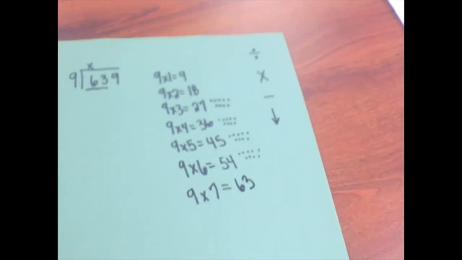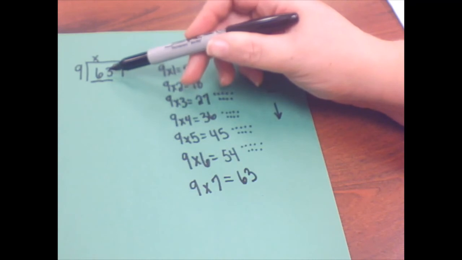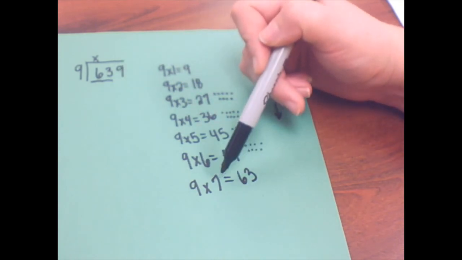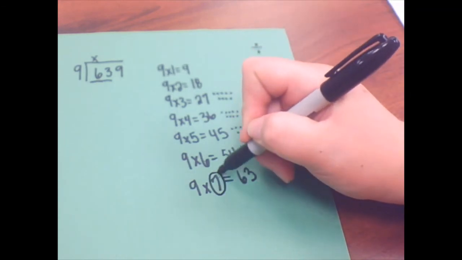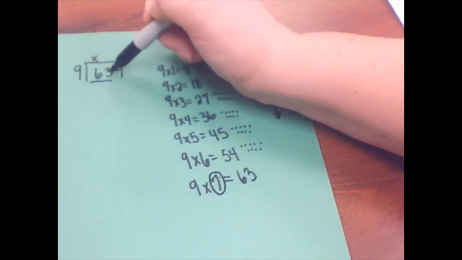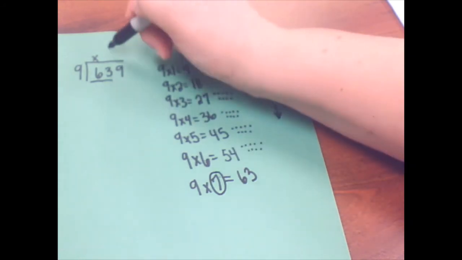So I needed to find a number that equaled 63 exactly, which I did, or that came pretty close to. So 9 goes into 63 7 times.